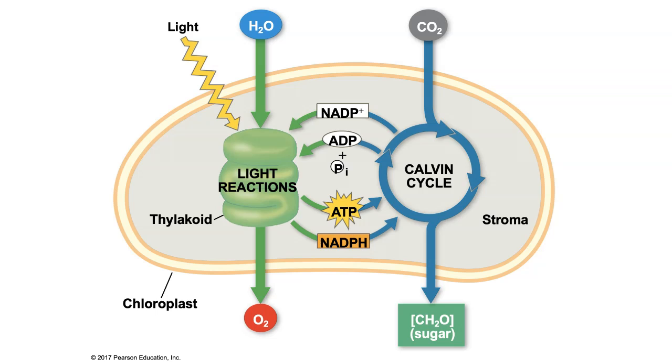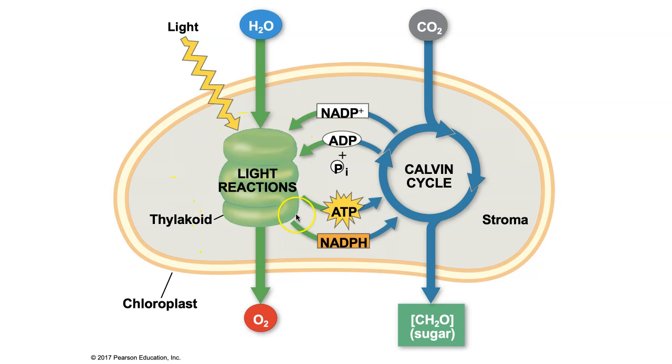Okay, so finally, we're going to go over the Calvin cycle. So the Calvin cycle is where we're going to get our payoff. Remember, plants that have chloroplasts that go through photosynthesis, their job is to turn solar energy into chemical energy, right? So their job is to make organic molecules. To do that, they also have to create energy.